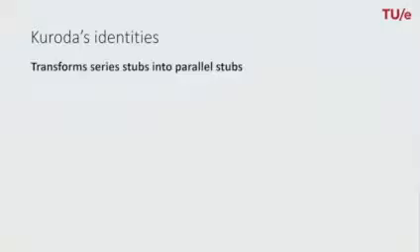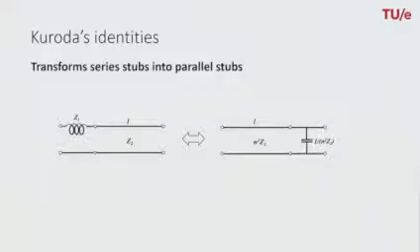A solution for this problem is provided by Kuroda's identities. Kuroda introduced these identities in 1955, a long time ago, and he published that in his PhD thesis. The Kuroda identities consist of four identities, but let's have a look at the first one, which we're going to use also in an example.